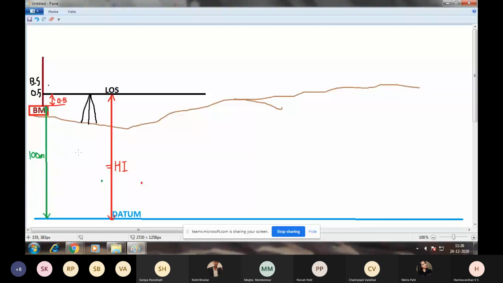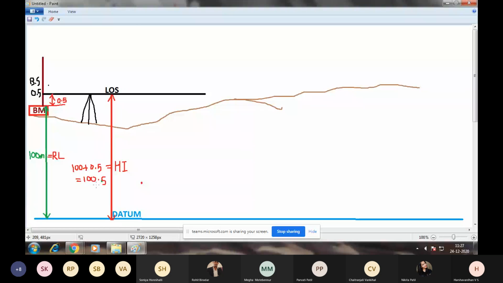This is the RL of the benchmark. So if you generalize it, it is RL plus backside. It is 100 plus 0.5, so height of instrument is 100.5.